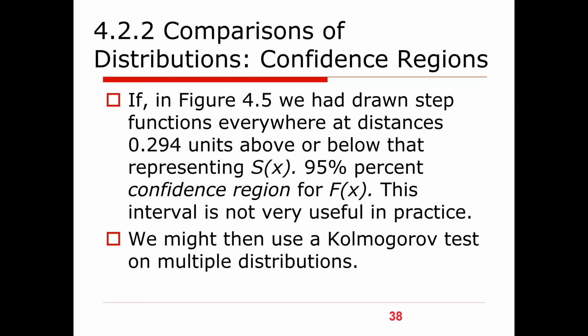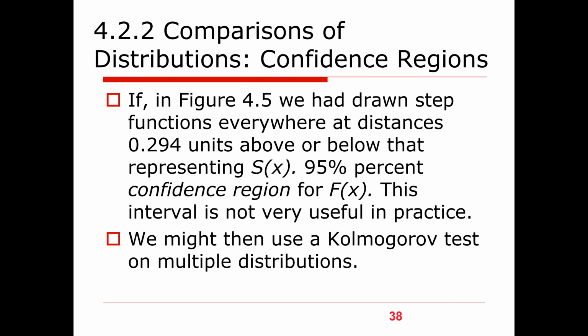So regarding confidence regions, in figure 4.5, we conclude that a 95% confidence region is when the step function is everywhere within 0.294 units of the CDF. It's actually a big departure, and even though the distribution doesn't fit very well, we still don't get that large a discrepancy. Our biggest magnitude is only 0.18.